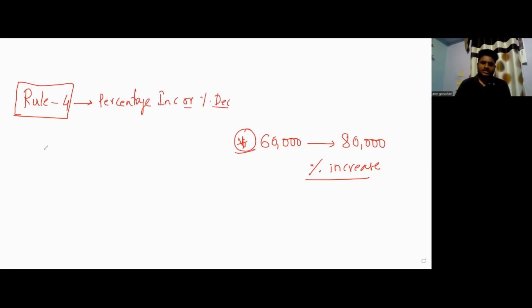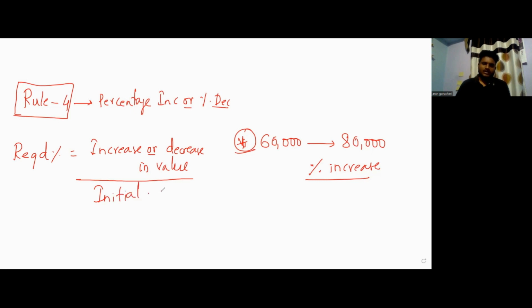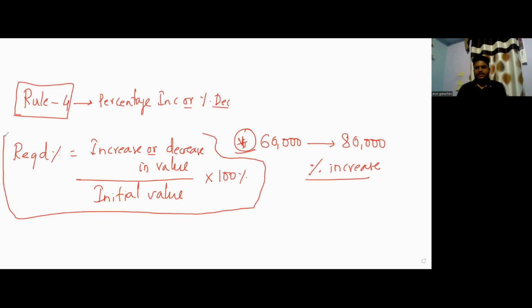The formula says required percentage is equal to increase or decrease in value divided by initial value into 100%. The formula says required percentage is equal to increase or decrease in value divided by initial value.